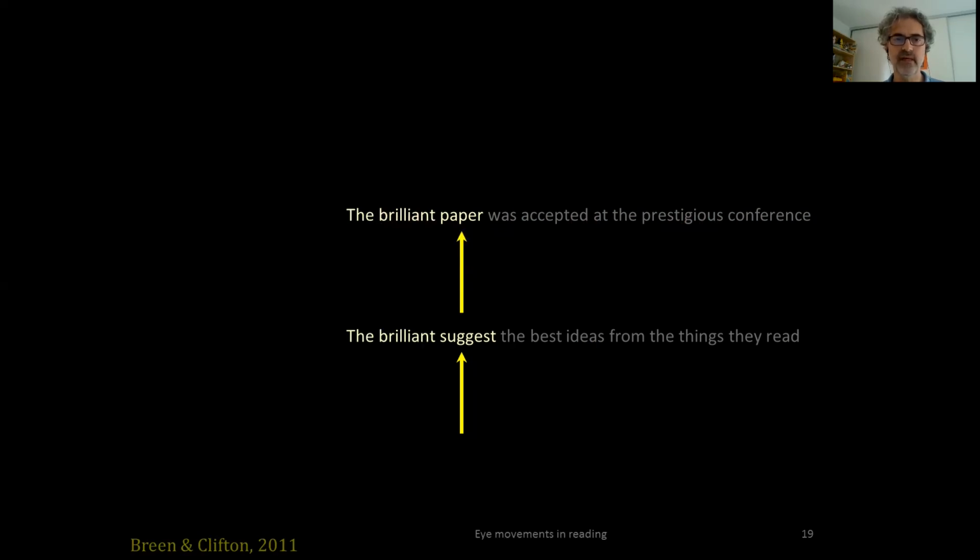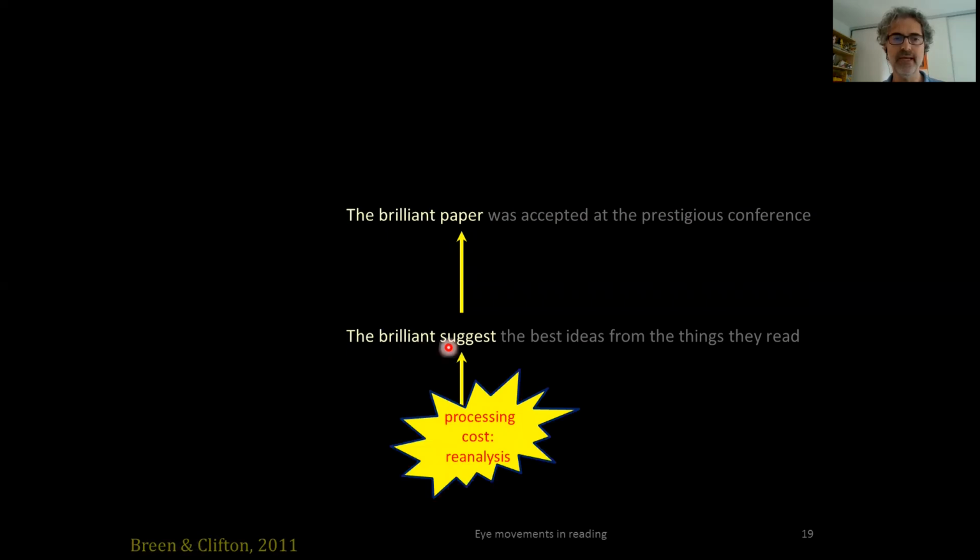But if you read the brilliant and then move your eye to suggest, your expectation is disconfirmed. The fact that you hit a verb here means that this could not have been an adjective. It has to be about the brilliant people. So you delay here. You sit a little bit longer on this word because you have to reanalyze syntactically what you're reading.